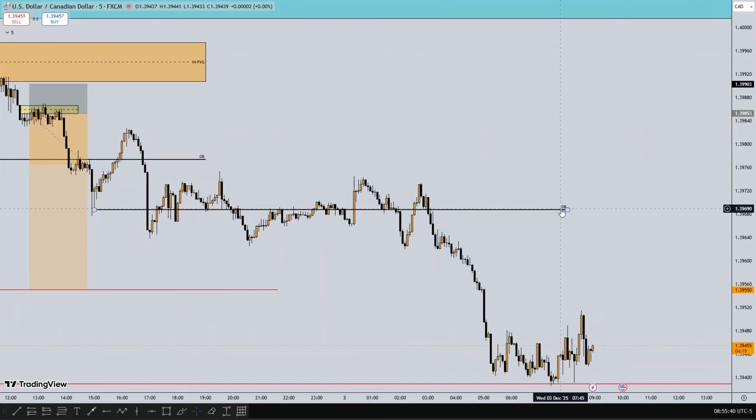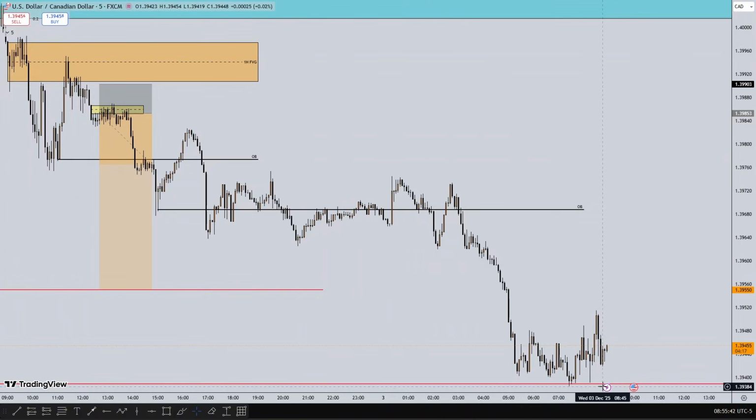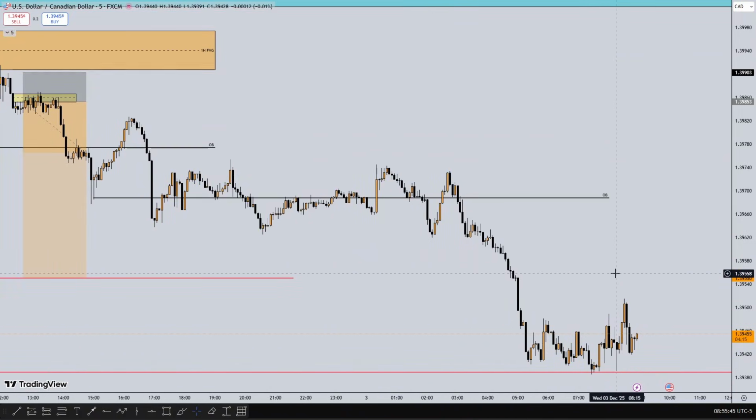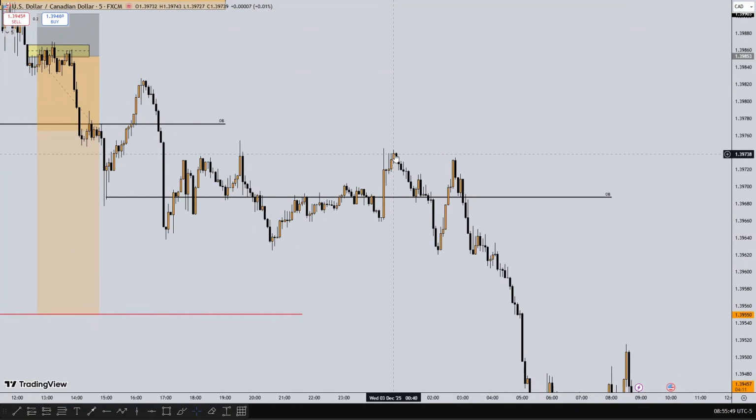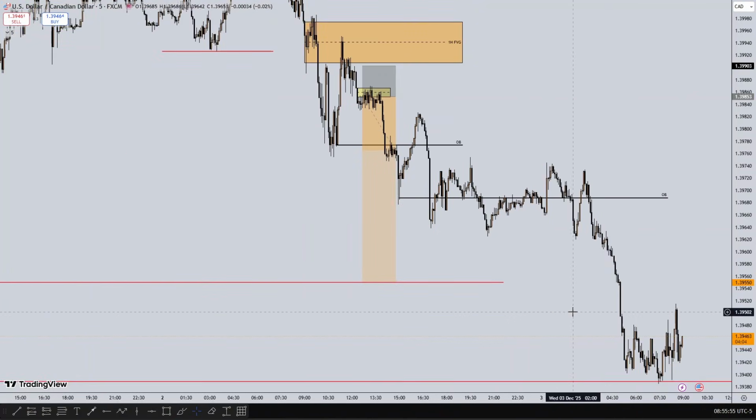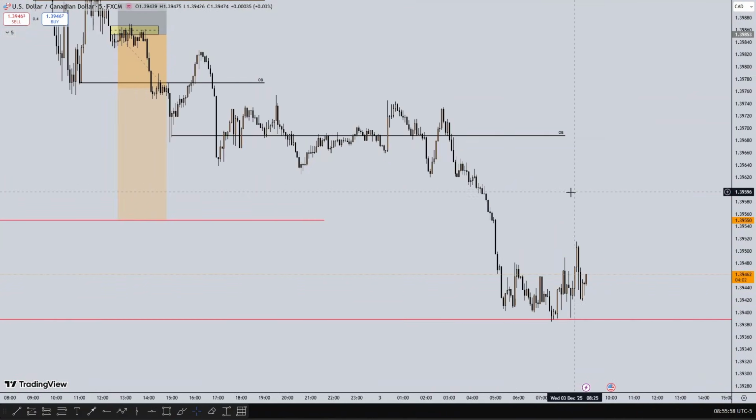A retracement to this other block led to lower prices, and you can identify the trade easily. Lower prices, retracement, respected it, led to more lower prices for price to run the sell side liquidity.